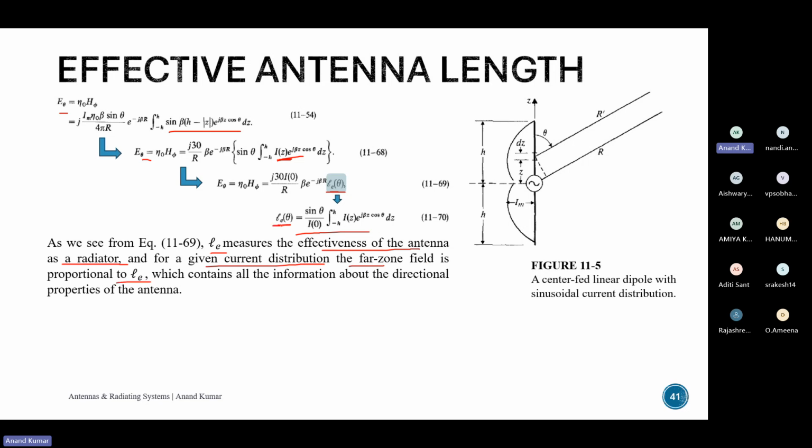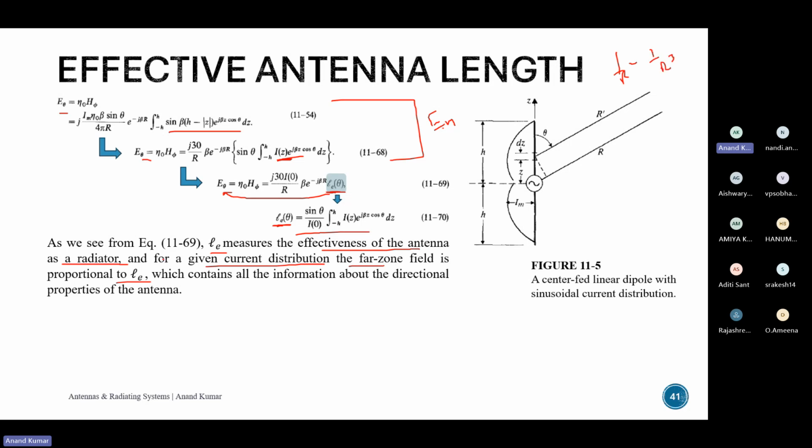So this LE, as you see, determines how the electric field would look in the far field. You must remember that these expressions for electric field that we're talking about are the ones in the far field that we chose. We have ignored the 1 by r square and 1 by r cube terms.